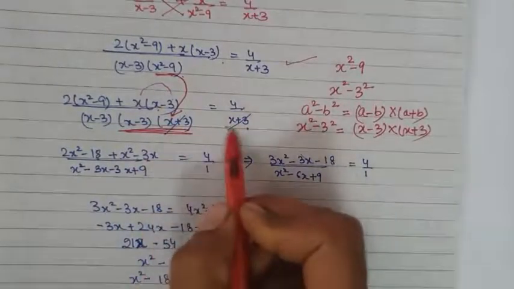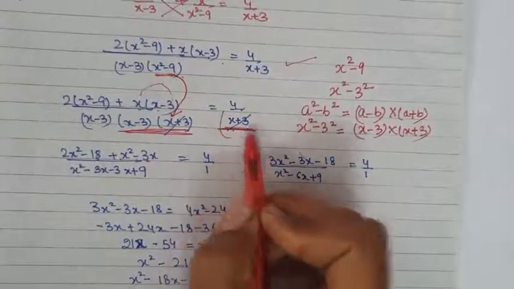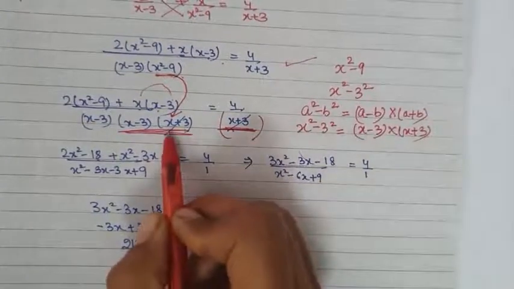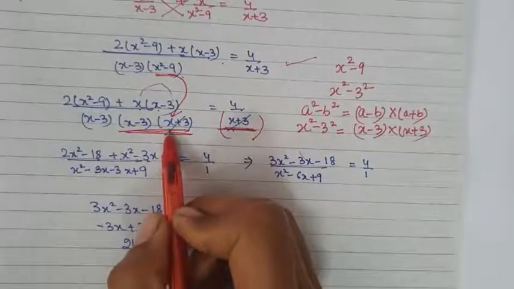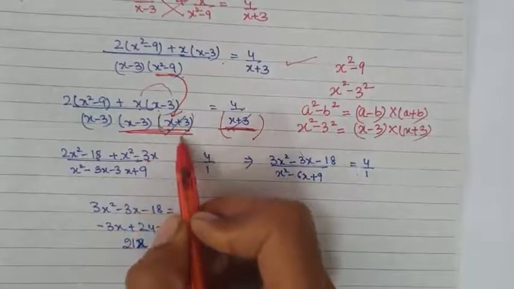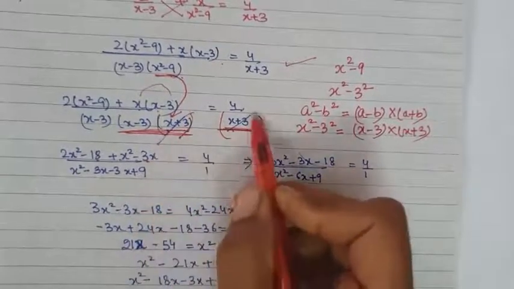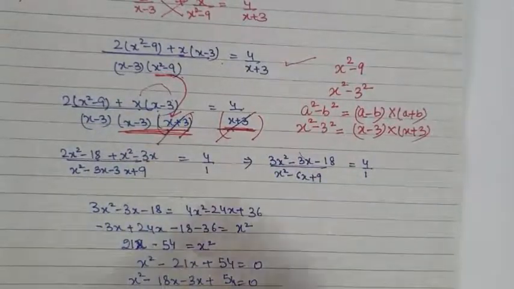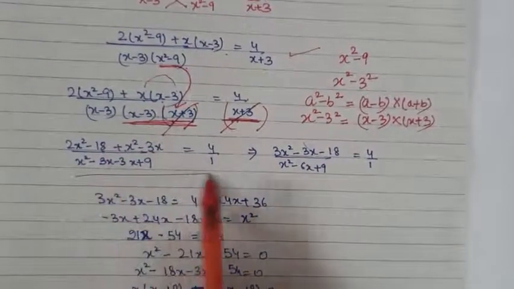Now, in the denominator there is the x plus 3 bracket. In the denominator also, on the left hand side, the x plus 3 bracket is there. So we can cancel them. So we are left with this.